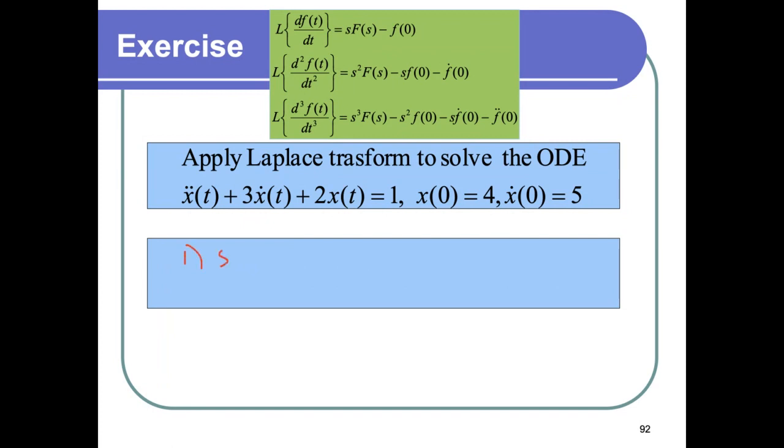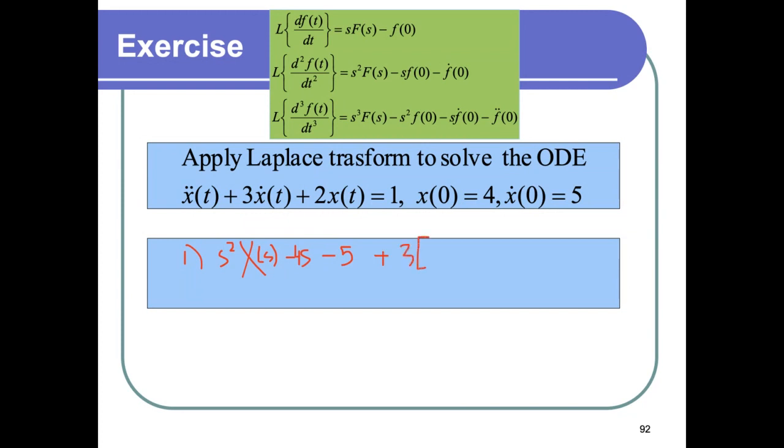We have s squared X of s minus s x of 0, so it's 4, minus x dot of 0, which is 5, plus 3 multiplied by what?